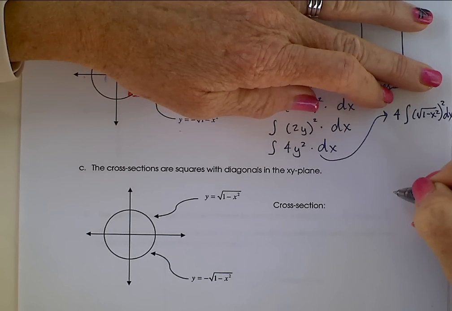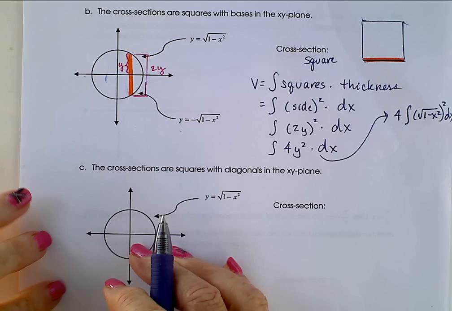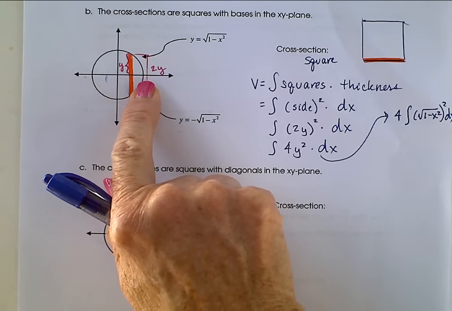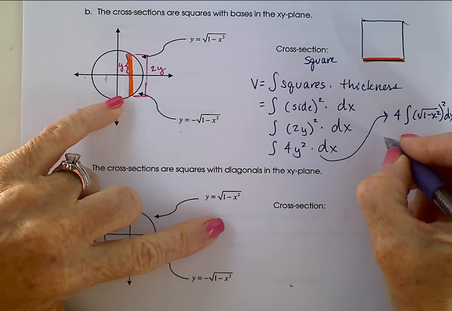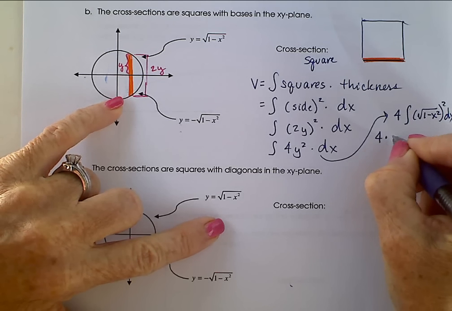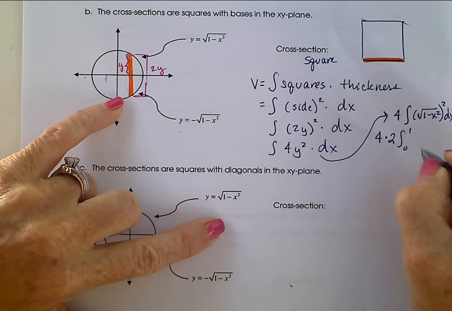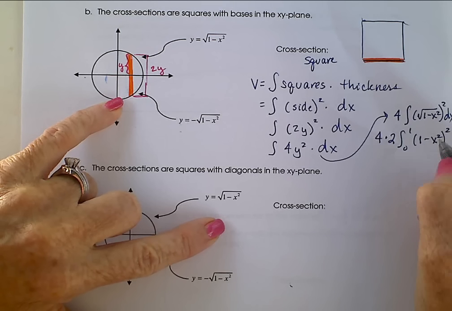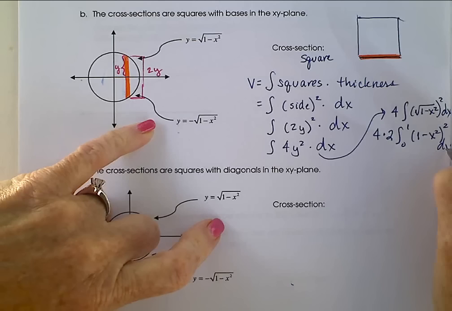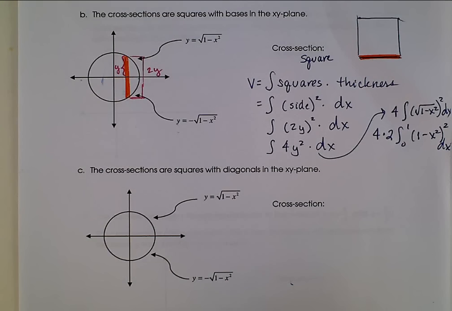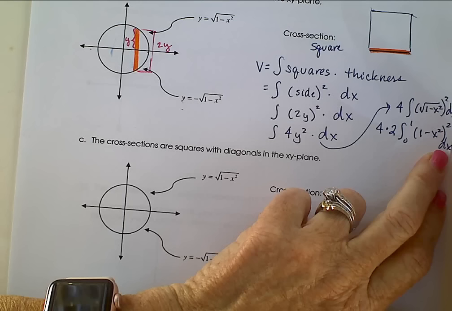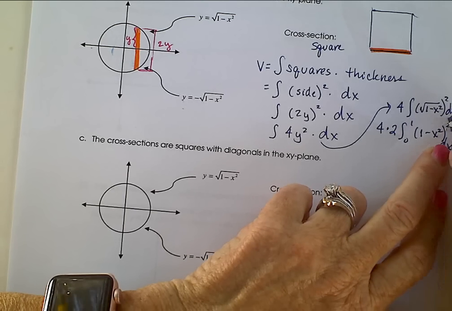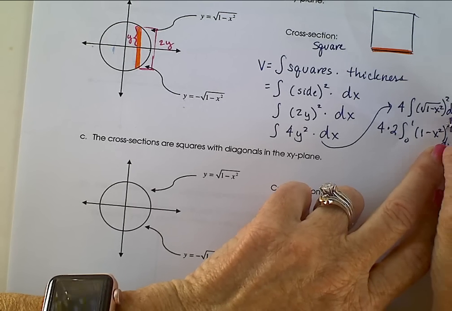Bounds, again, -1 to 1, or we can double it and just go 0 to 1. So let's do that. We'll have 4 times 2, 0 to 1 of 1 minus x squared squared dx. Oops, not 1 minus x squared squared, just 1 minus x squared. I already squared it in the last one when I got rid of the square root. My mistake, I'm sorry.